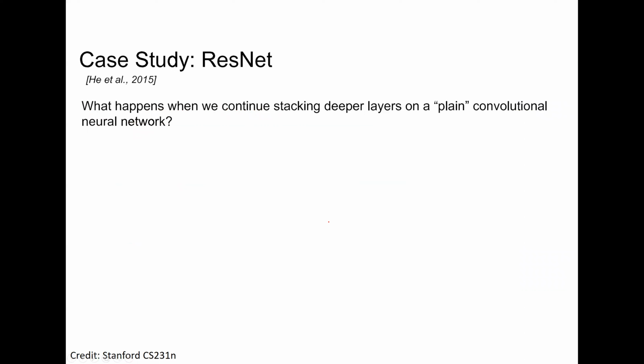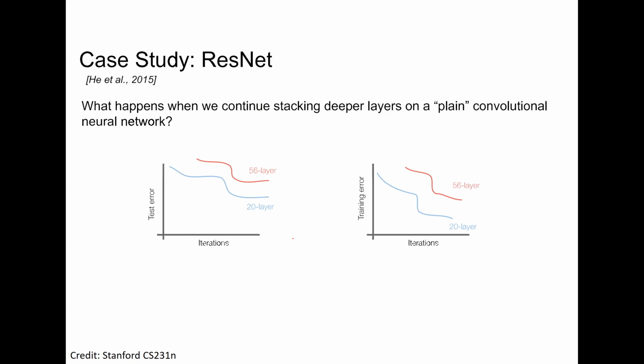And what happens when we continue stacking deeper layers on a plain convolutional neural network? This is what it looks like. Even though we stack more layers, the test error increases compared to 20 layers. However, this is nothing related to overfitting because the training error is also larger for the 56-layer network.